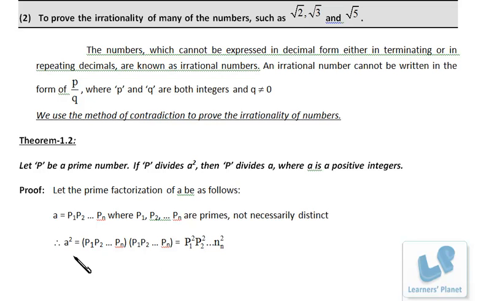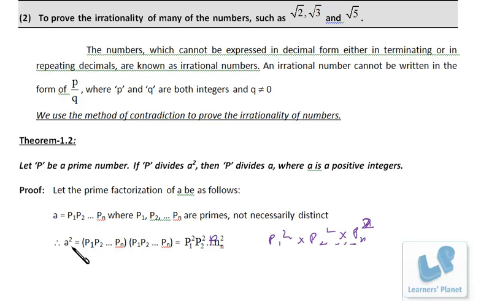Now what's a square? A square will be the square of all these numbers, that is p1, p2 till pn into p1, p2 till pn. So that is precisely p1 square into p2 square till pn square, right?